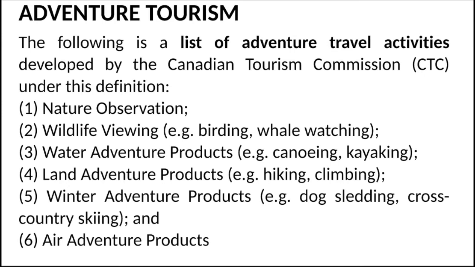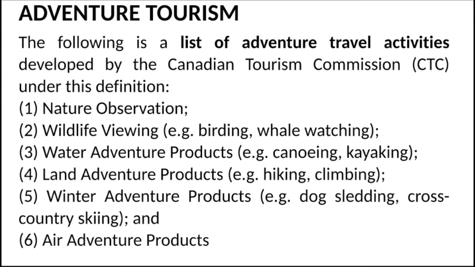Next one is the list of adventure travel activities. So, according to the Canadian Tourism Commission, there are lists of adventure travel activities: the nature observation, the wildlife viewing, the water adventure products, the land adventure products, the winter adventure products, and the air adventure products.